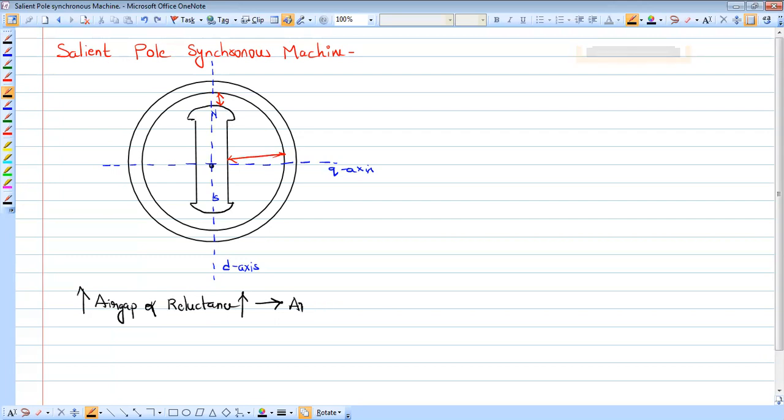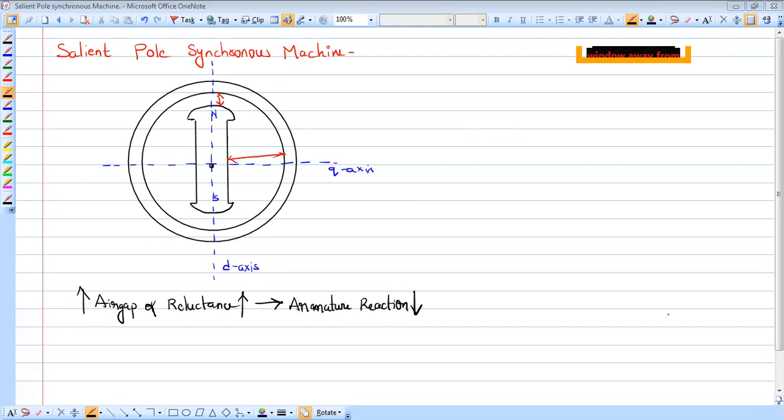The effect of armature reaction decreases. Why does the effect of armature reaction decrease? Because of the increase in the air gap.